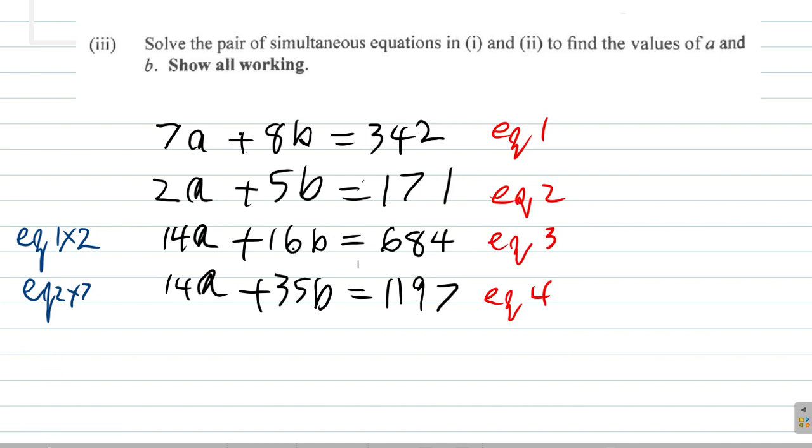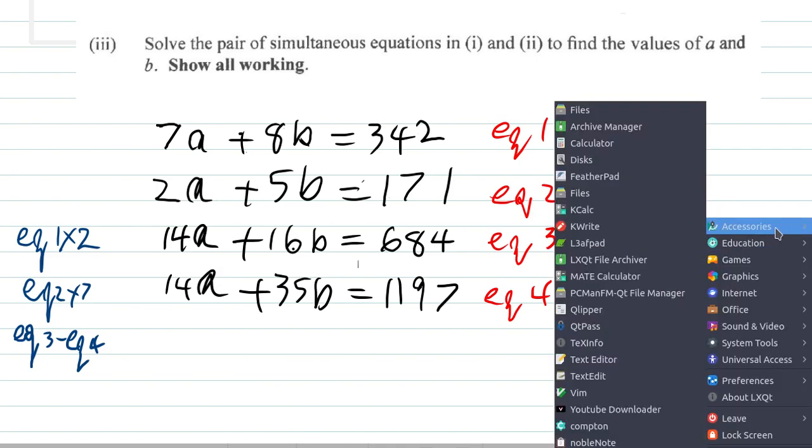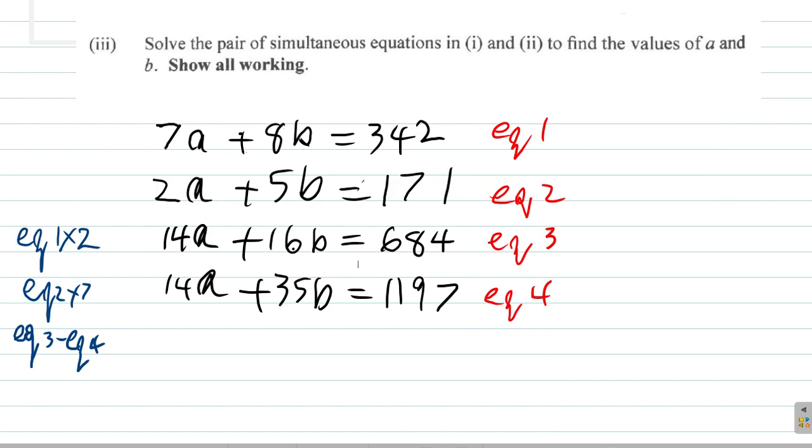So equation 3 minus equation 4: 14a minus 14a is 0a, we don't even have to write it. 16b minus 35b, we could just save some time and use the calculator.